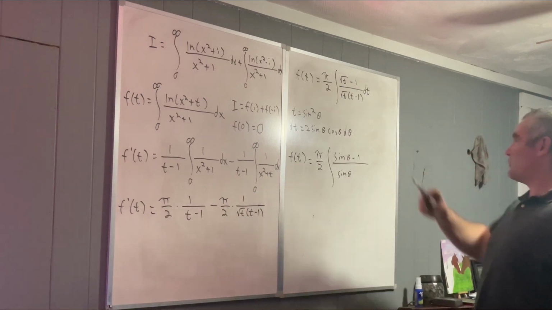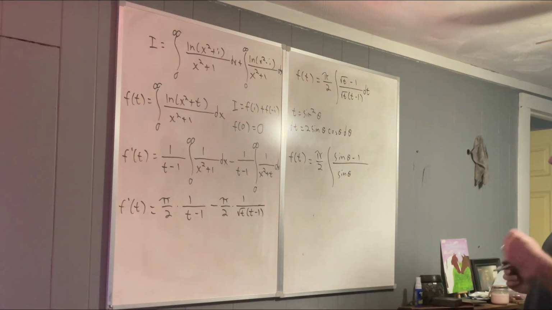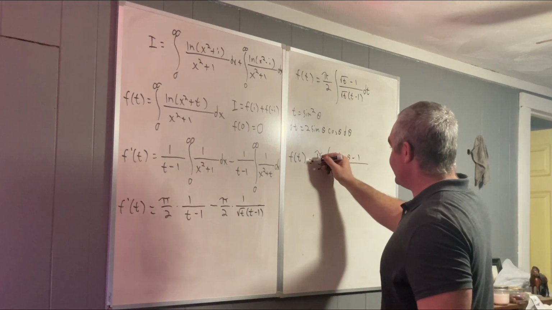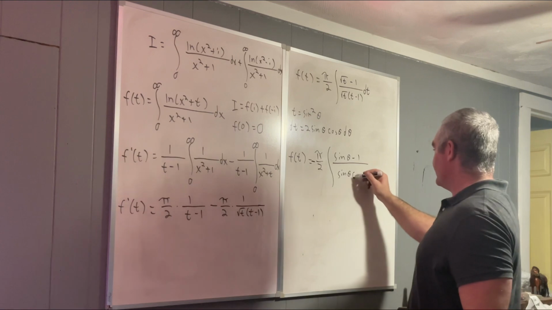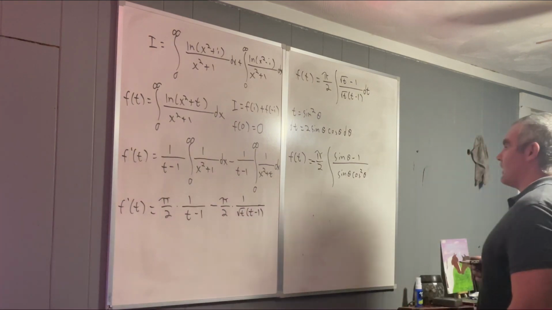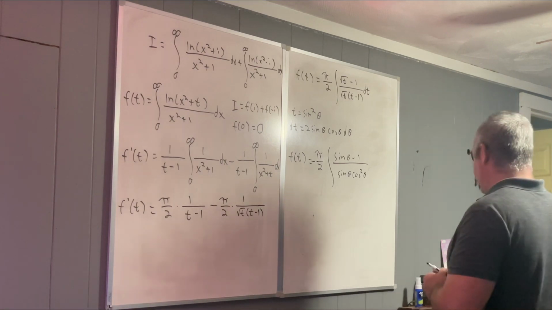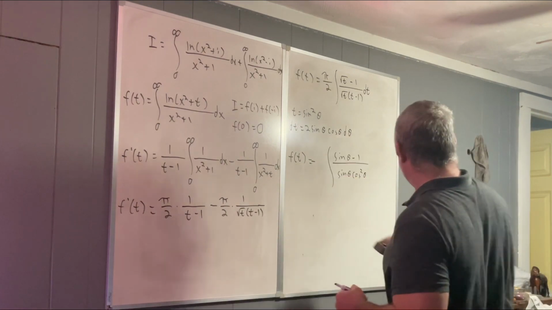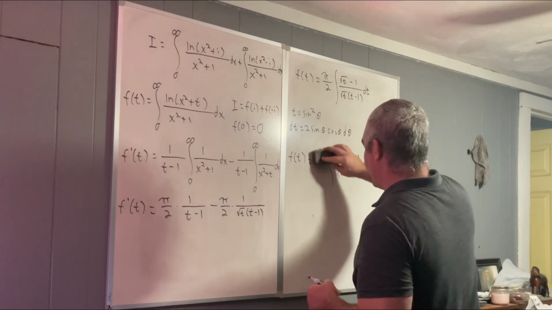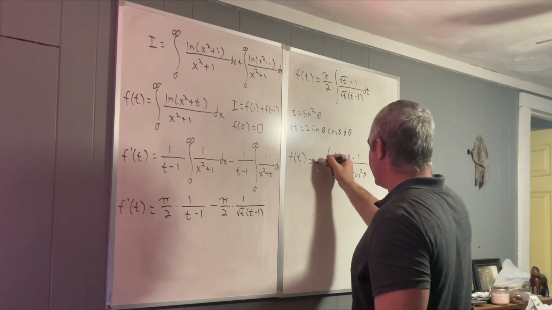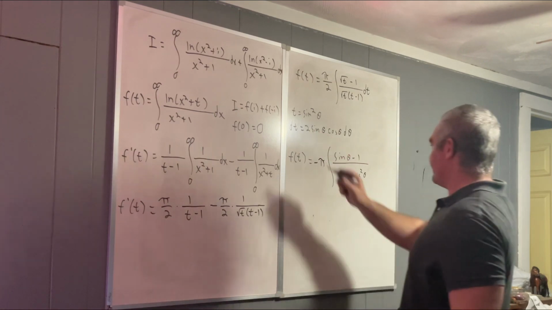This is sine squared theta minus 1, which is negative cosine squared theta. So we have a negative cosine squared theta. And then for our dt, we have a 2, which will cancel out this 2 right here, giving us just negative pi.